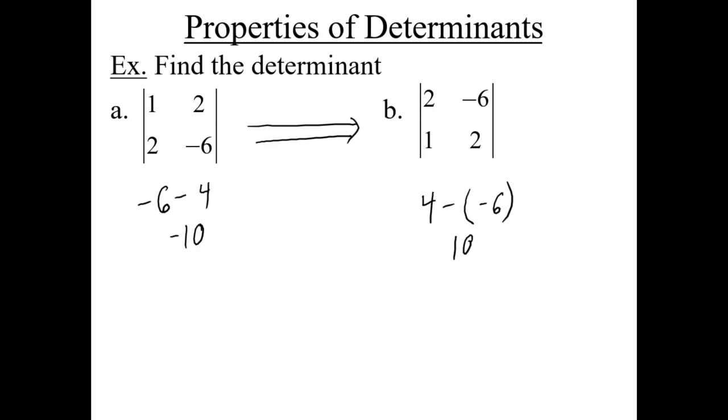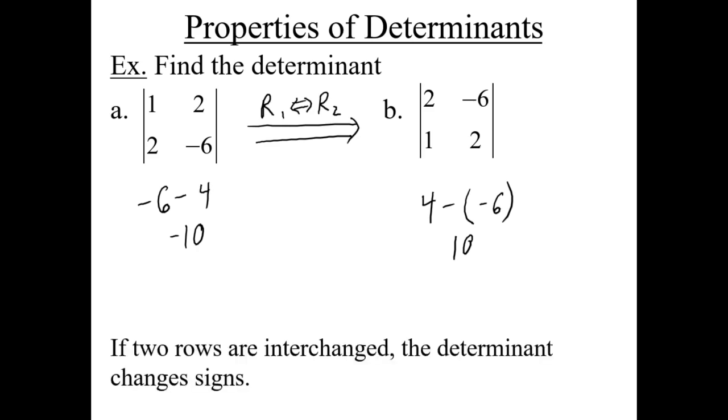And what I want to point out here is we're swapping row 1 and row 2. So notice that when you switch the two rows, the result is you change the sign of the determinant. -10 becomes +10. So if two rows are interchanged, the determinant changes signs.